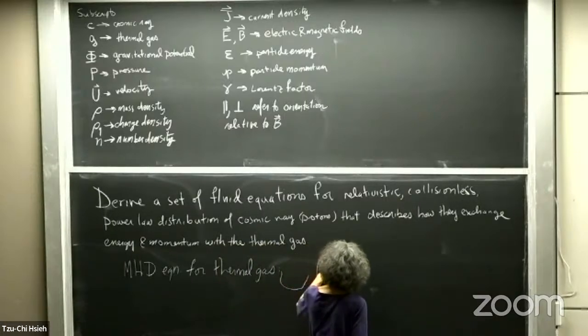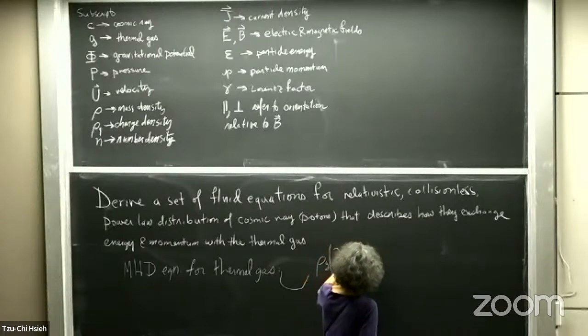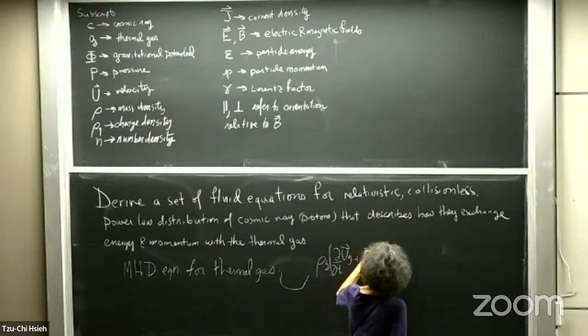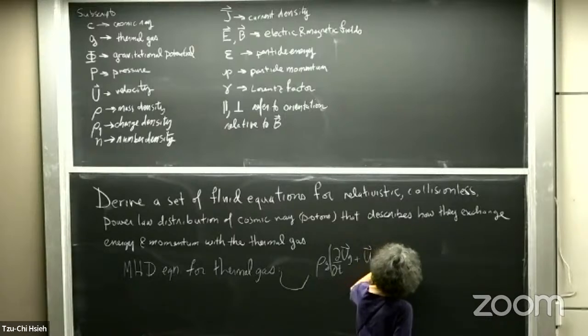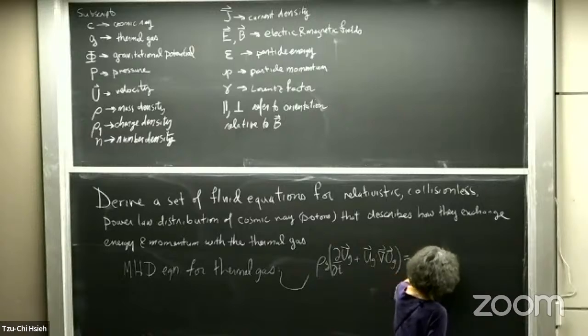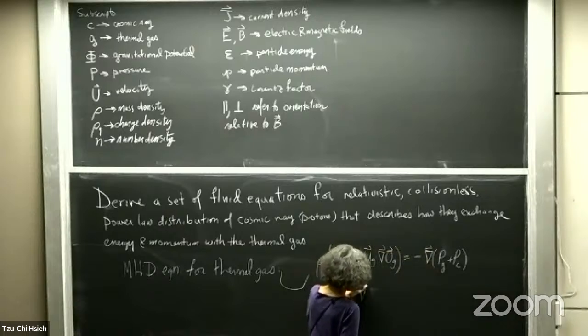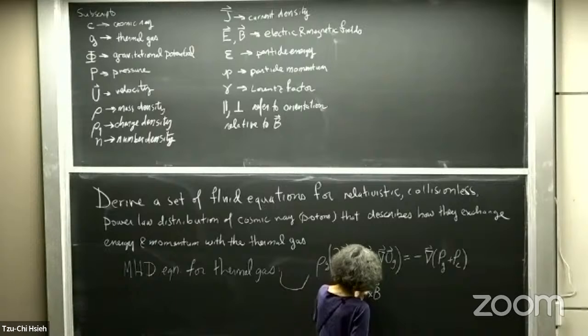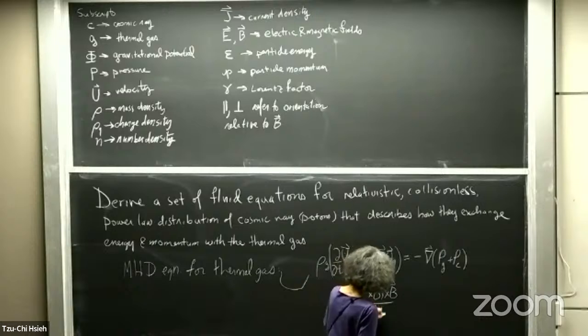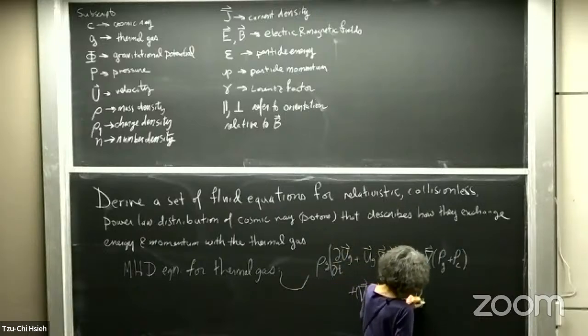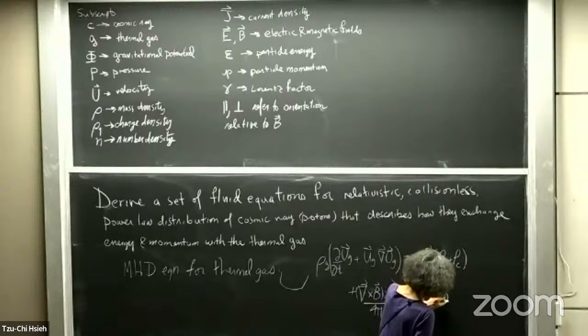So rho gas partial U gas plus U gas dot grad U gas is minus the gradient of the thermal gas pressure plus the cosmic ray pressure plus the curl of B cross B over 4 pi minus rho gas grad phi.